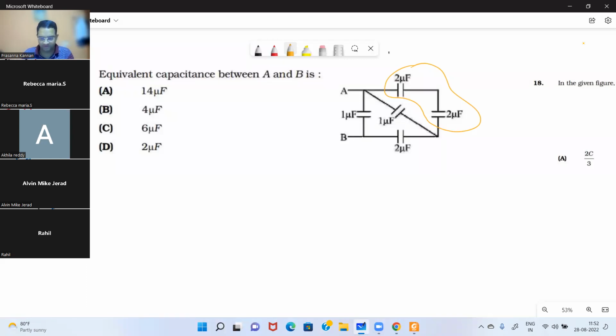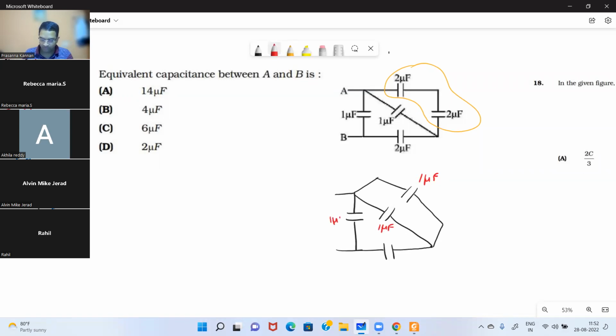So I'll just redraw the circuit. These 2 microfarad and 2 microfarad have become 1 microfarad. So this is 1 microfarad, and already there is a 1 microfarad. And here you have 1 microfarad, and here you have 2 microfarad.